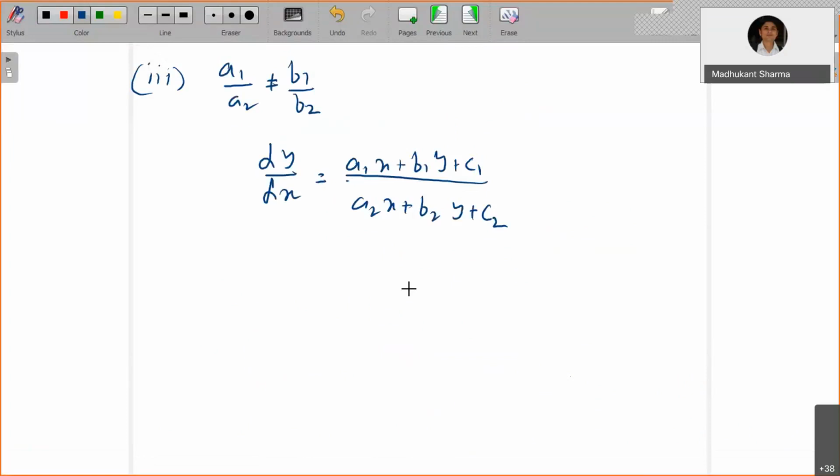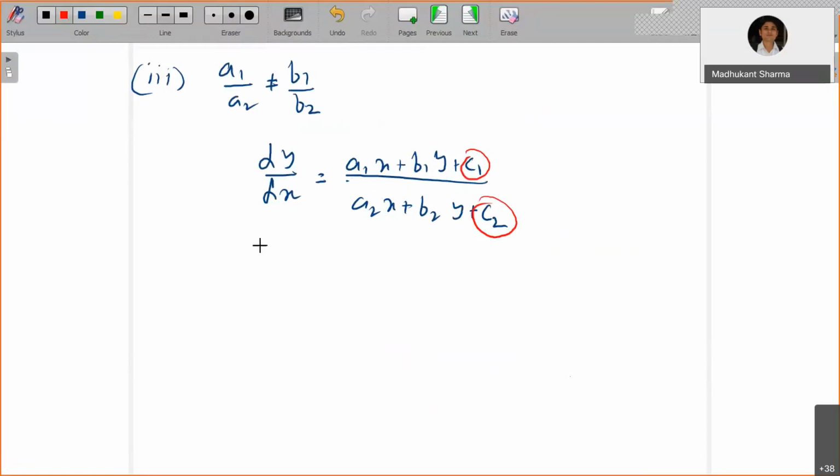What we require is a transformation so that this turns out to be a homogeneous equation, that is, non-homogeneous reduced to homogeneous, and then homogeneous we know how to handle. If we get rid of the constants c1 and c2 in the new form, then the remaining is a homogeneous form, if you take c1 and c2 as 0.